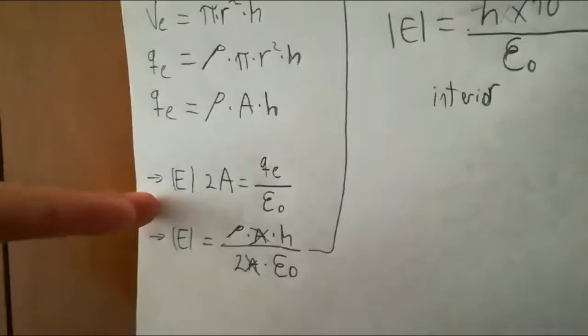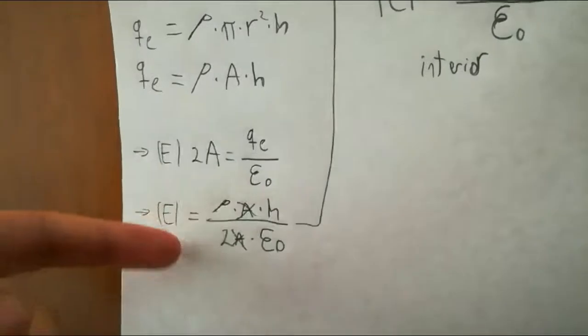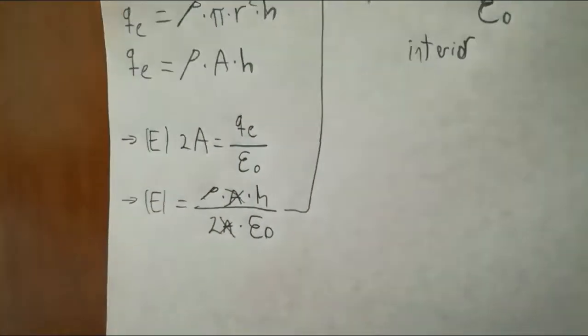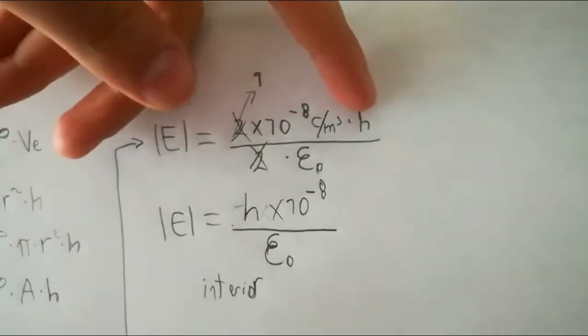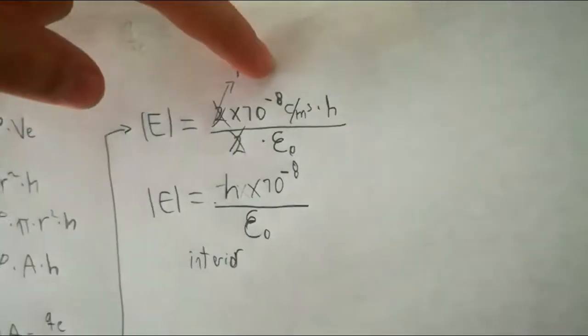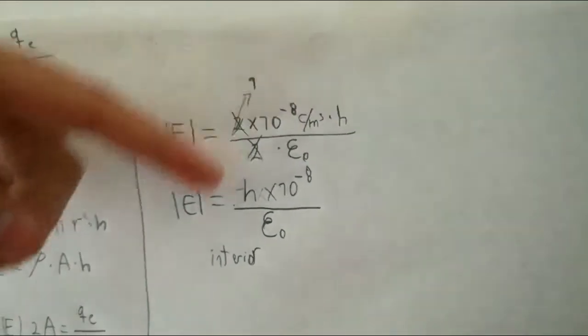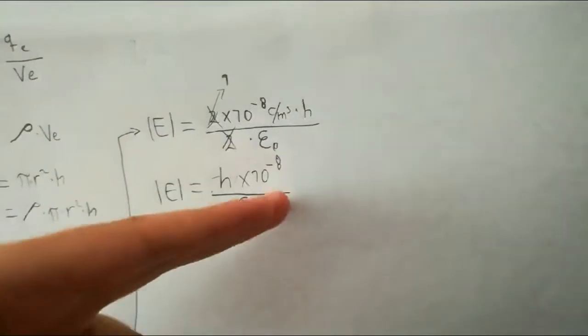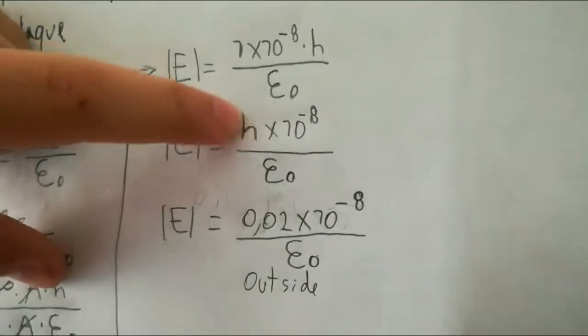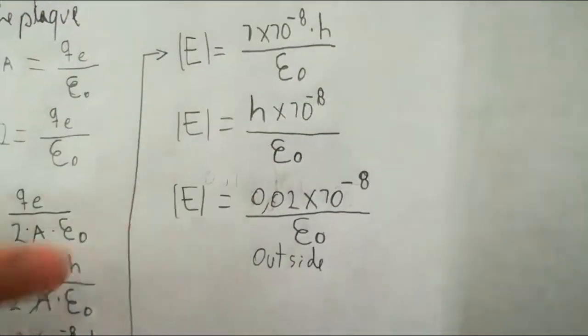So after clearing everything that is going to be exactly the same, we're going to have 1 multiplied by 10 to the power of -8 multiplied by h over the permittivity of the vacuum. Of course, in this case, we get the same as over here. We get the expression of h, but in this case, we are not going to replace it by 0.02.